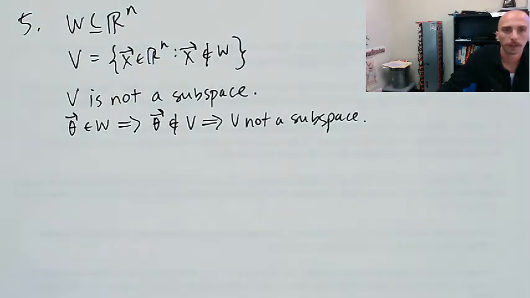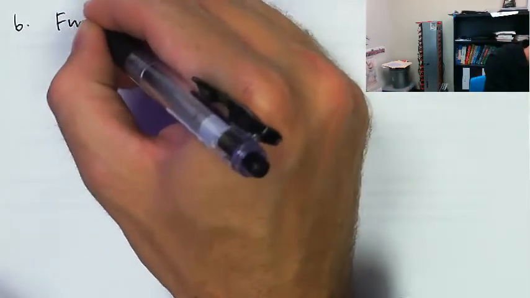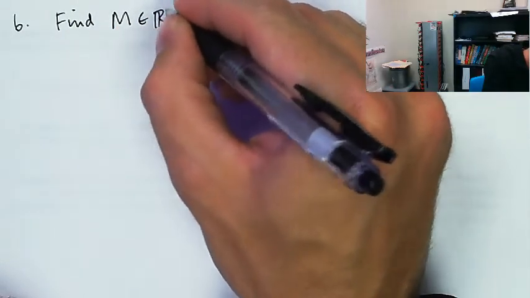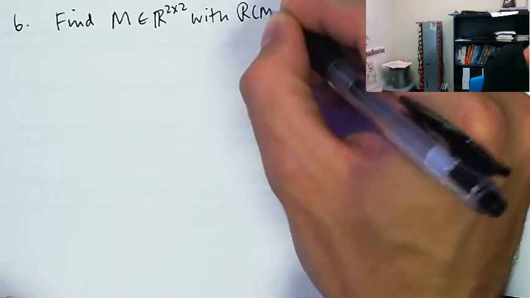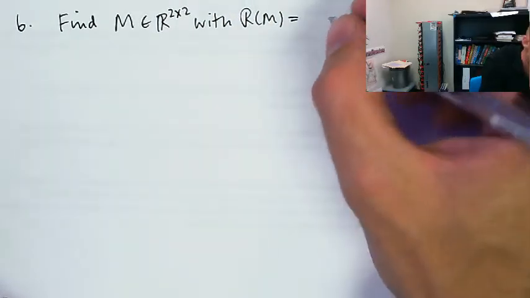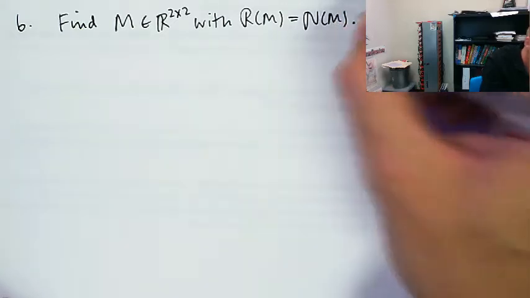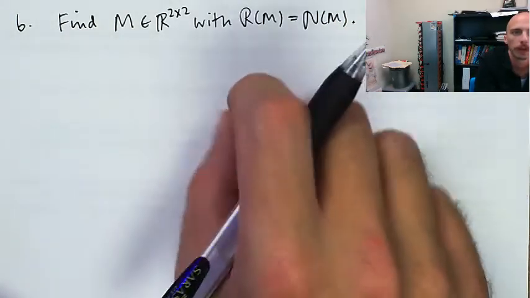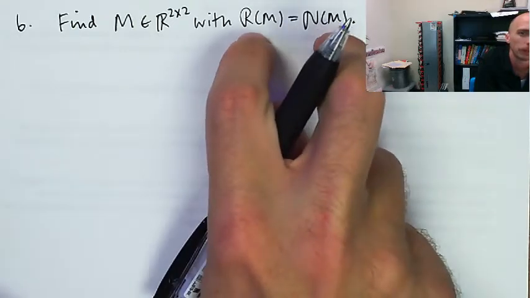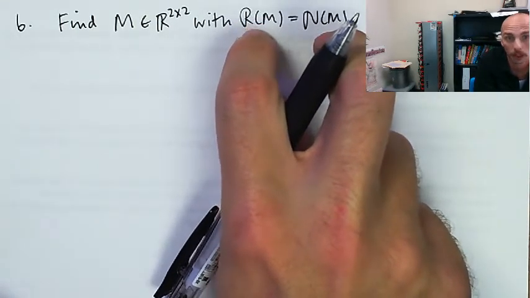All right, now number 6. This is a really good problem on this set. We're going to find a 2x2 matrix M with range of M equals null space of M. If the range is equal to the null space, then the rank has to equal the nullity.